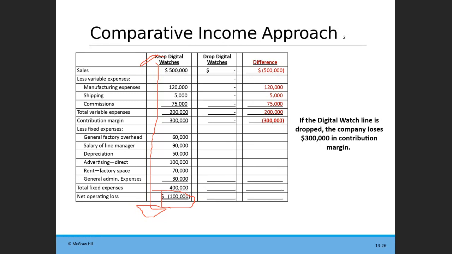So if we drop the digital watches, we'll have none of the sales, none of the variable expenses, and none of the contribution margin. So these numbers here are all going away. We no longer have our 300,000 contribution margin, right? So then now we're looking at fixed expenses, like what of that is going to stay?